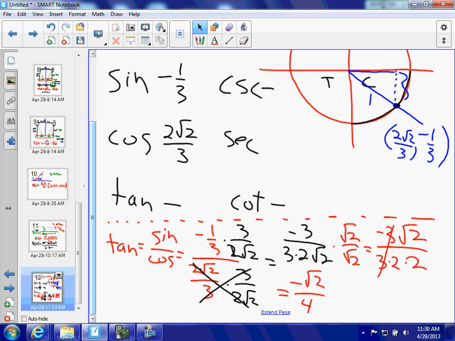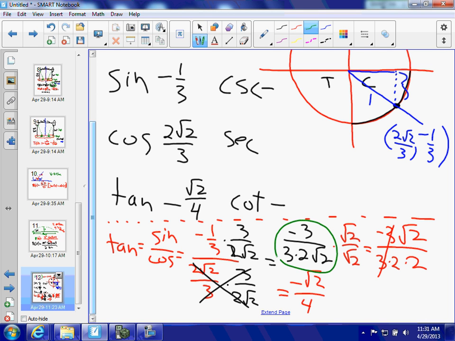Tangent, negative radical 2 over 4. Since I had this right here, which is the same as, my 3's would cancel out, so that would be negative 1 over 2 radical 2.